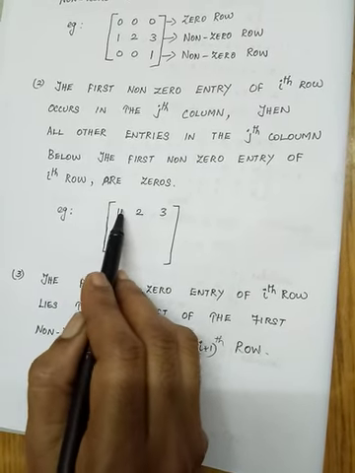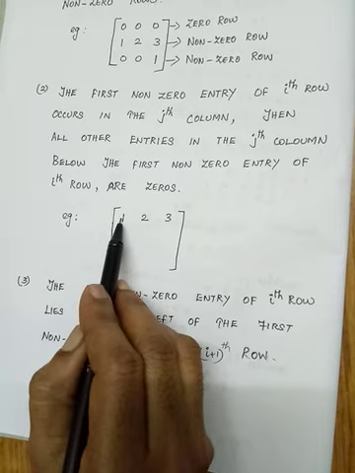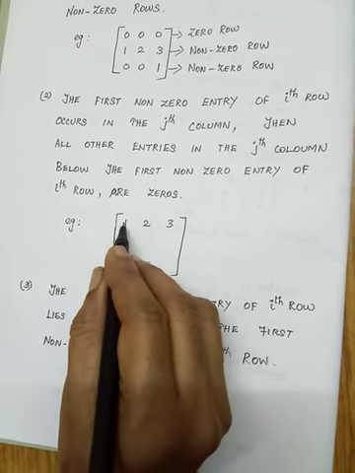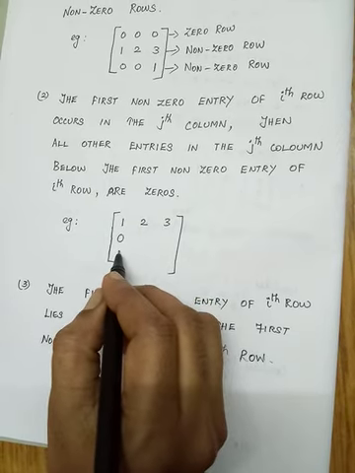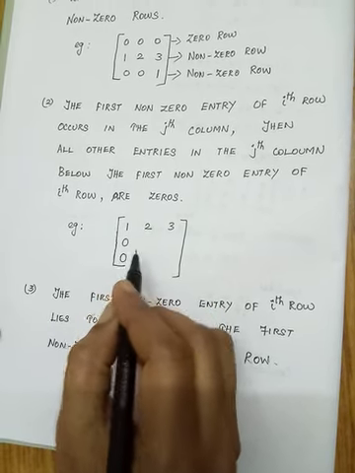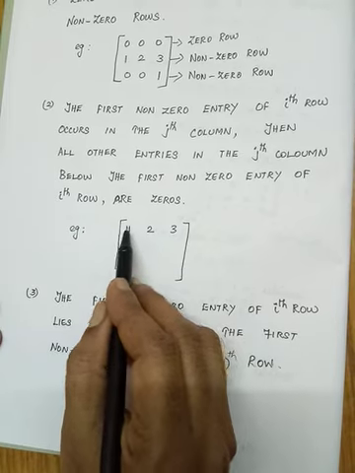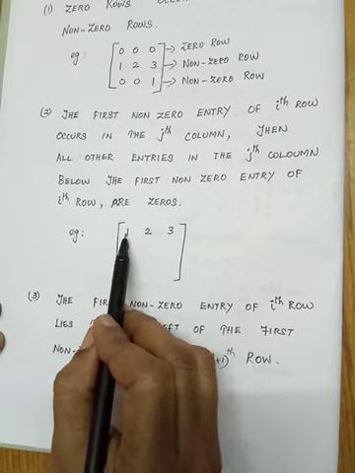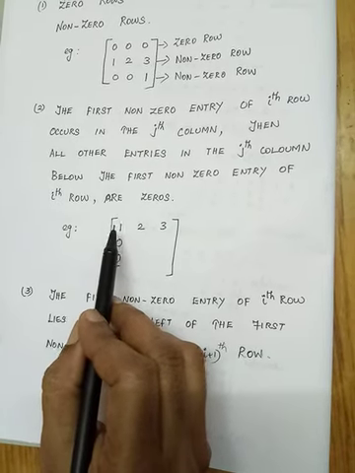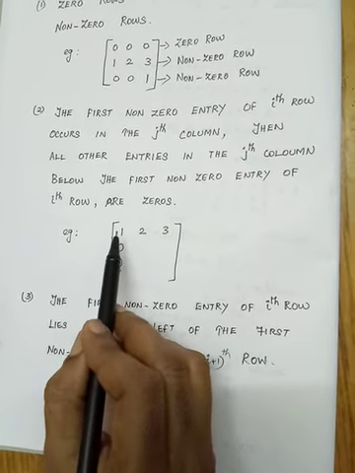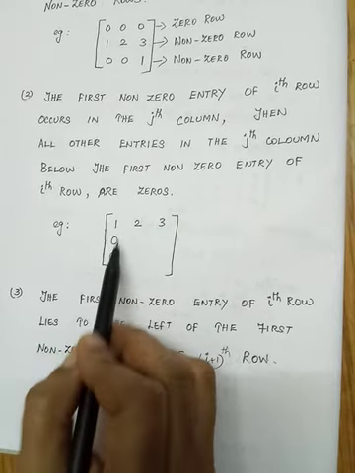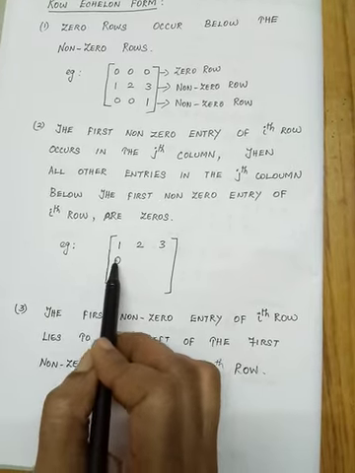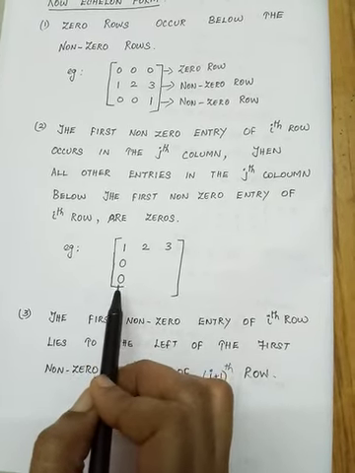It occurs in the first row, first column. So in that column, below the first non-zero entry, all the entries should be 0.